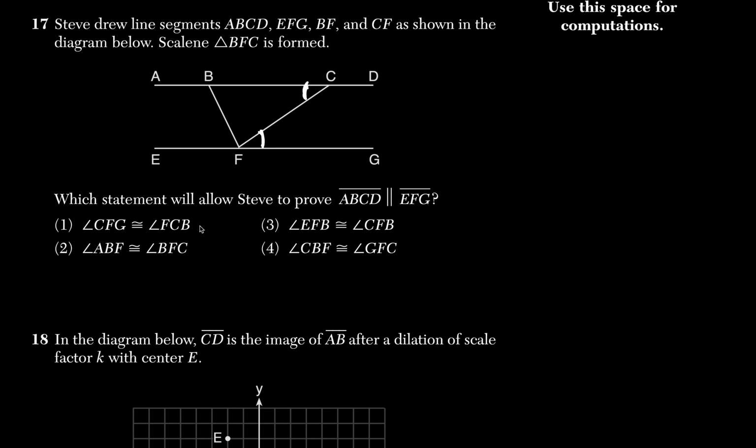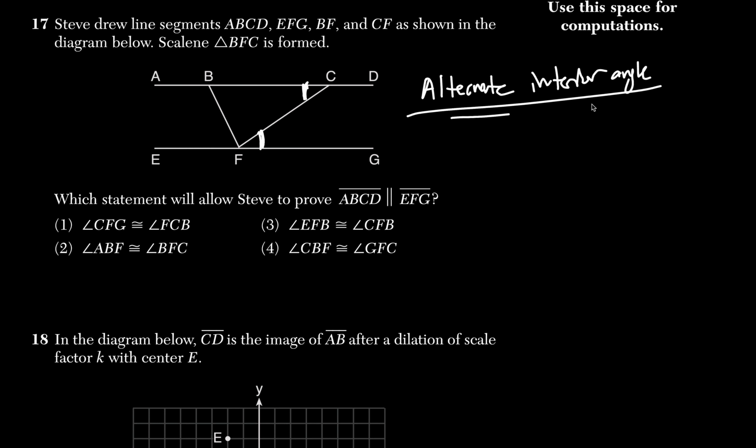Yes, that will be the case, because those two are called alternate interior angles, and that can only happen if you have two parallel lines that are cut by a transversal. If you have two lines that are parallel to each other cut by a transversal, then this angle will always be congruent to this angle because of the idea known as alternate interior angles. So therefore, that's all you need to show.